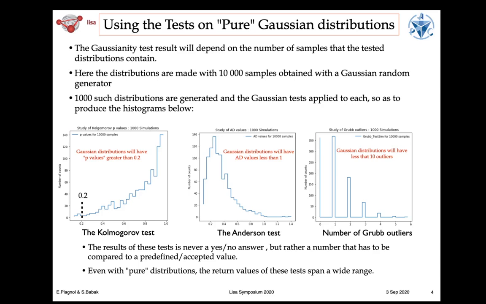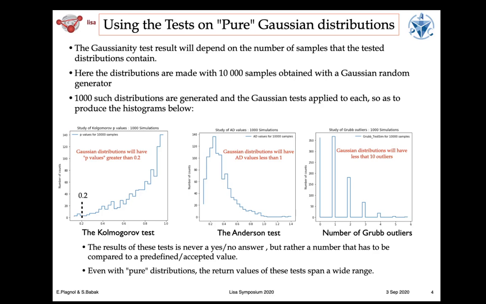In the middle, we look at the Anderson test, and here the Anderson statistic tells us that most of the pure Gaussian distributions have a statistic less than 1. On the right, the Grubbs outliers study tells us that in the case of a pure Gaussian distribution, most of the distributions will have less than 10 outliers.